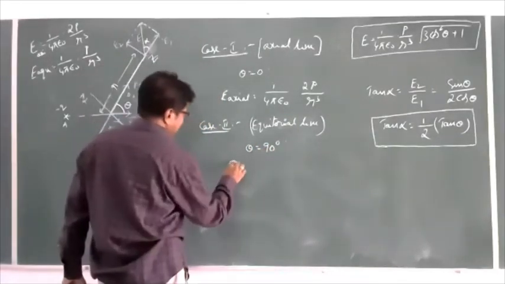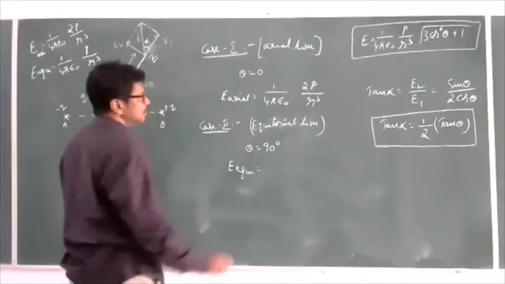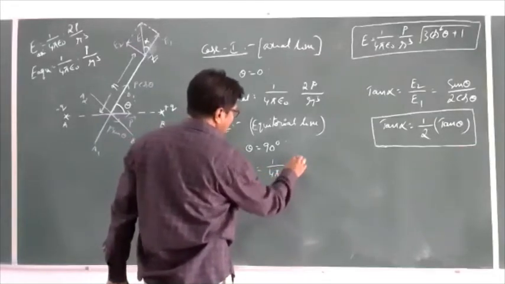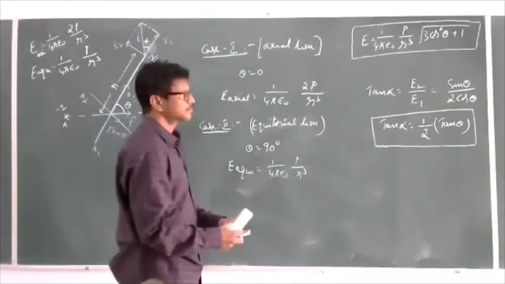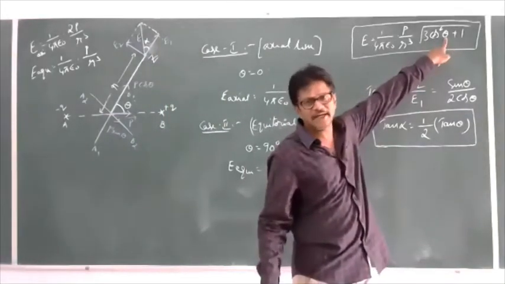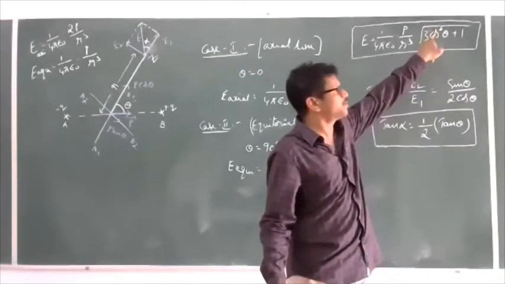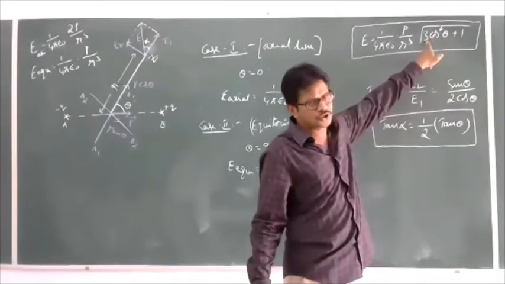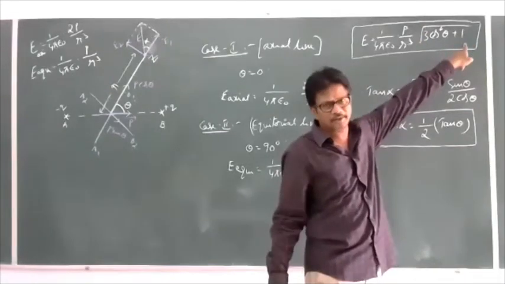Then E equatorial is equal to 1 by 4 pi epsilon naught, p by r cube. In this formula, you take theta as 90. Cos 90 is equal to 0, 0 into something is 0, and 0 plus something is something.